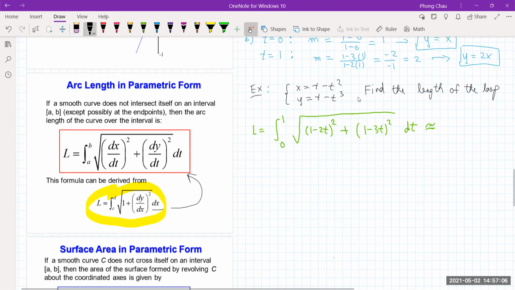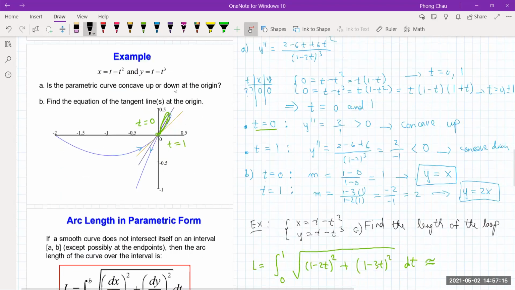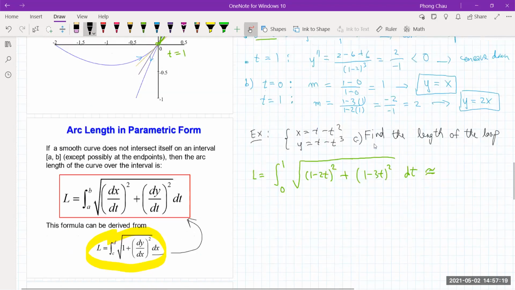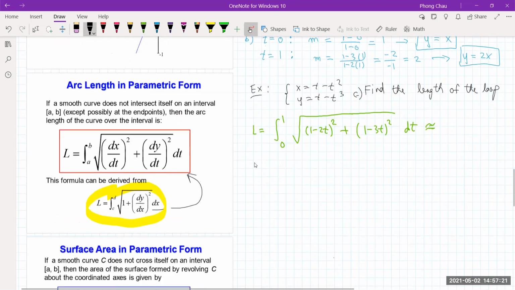So let me label it C. So like A is the concavity, B is the tangent line, C we have the arc length, and now we have D, we find the area of the surface.